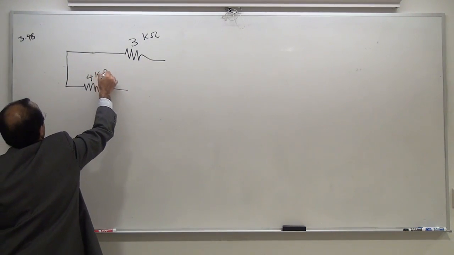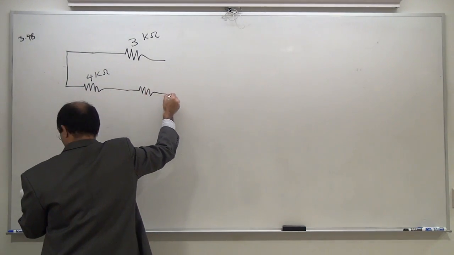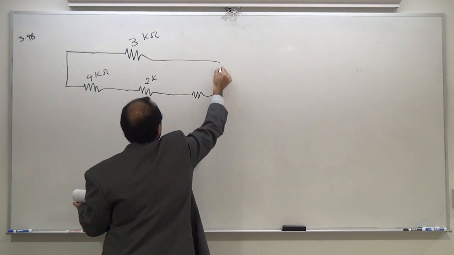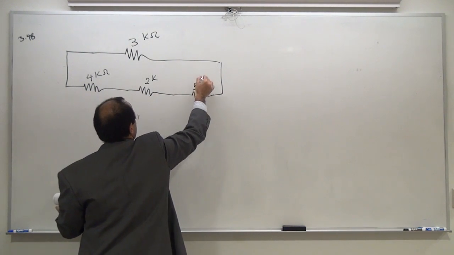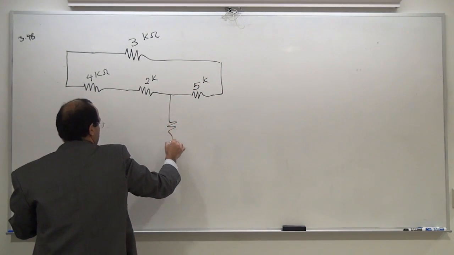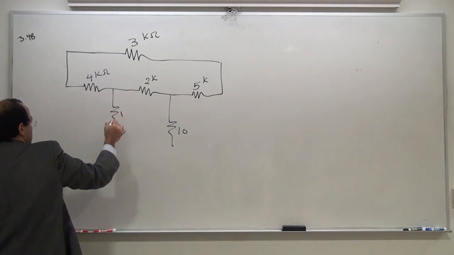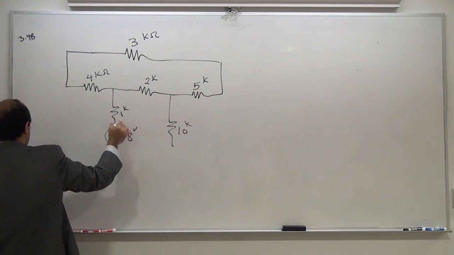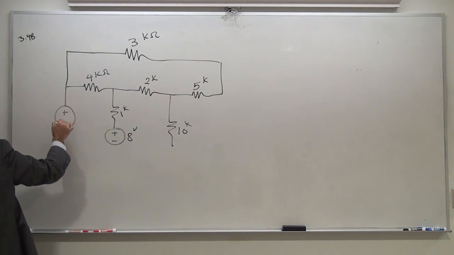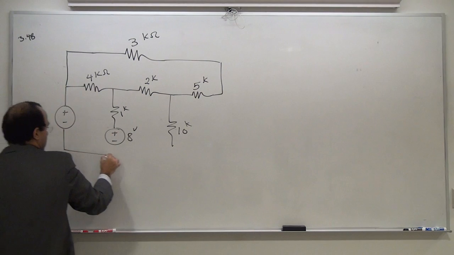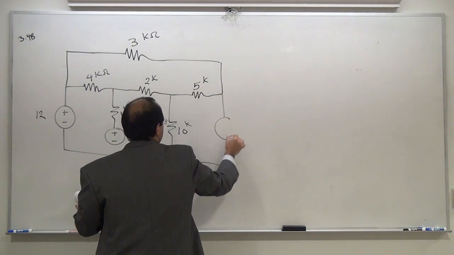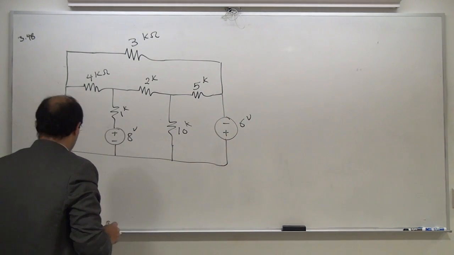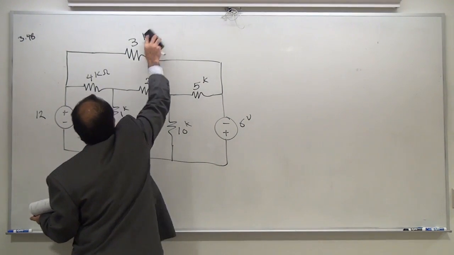That's what you usually see inside the lab environment. 2 kilo ohm, 5, 10, 1 kilo, plus minus 8, plus minus 12, and 6. I'm assuming these are ohms.